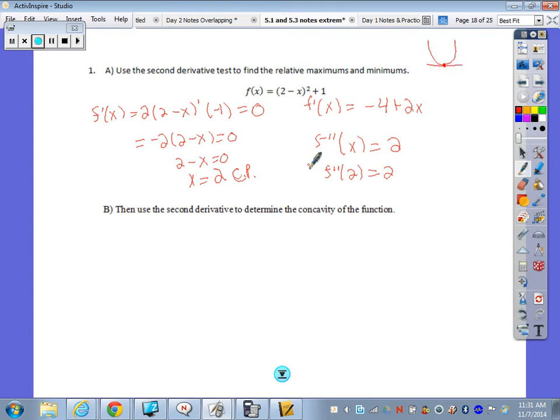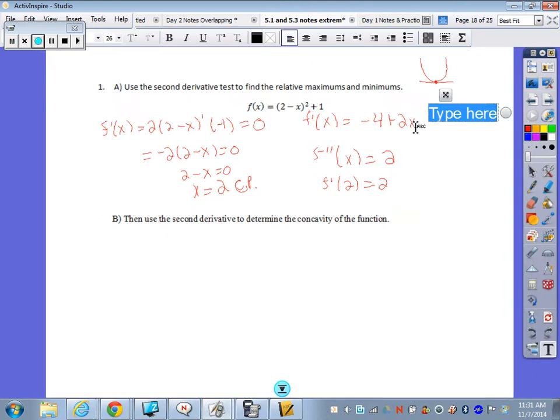So you don't have to justify it for this one, but I'm going to write the justification just so you can see. To justify this, you would say x equals 2 is a min because, and you have to include these 4 things.